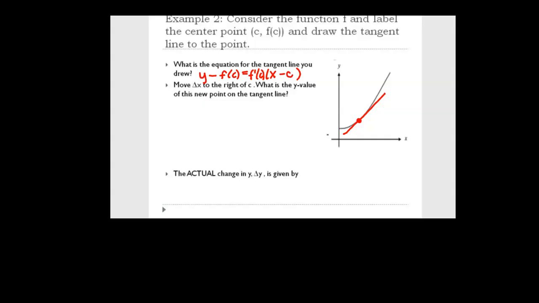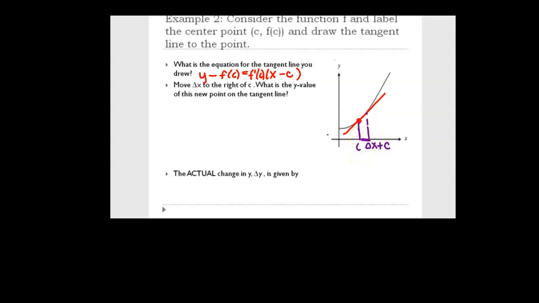Now we're changing my c value by moving it to the right, delta x. So now we're going to come up with this new point, delta x to the right of c. In terms of our function, that point is really delta x plus c, because we move delta x units away from c.